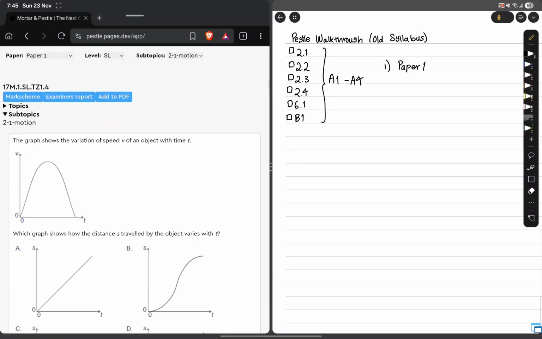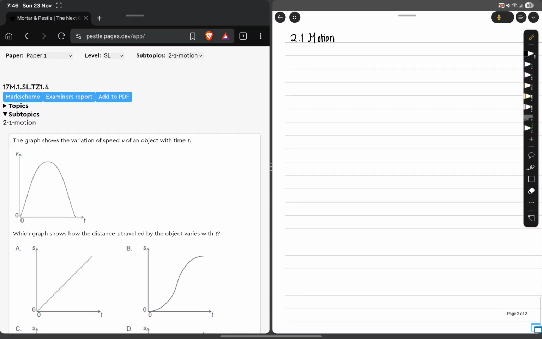So first I'll do the paper 1 SL questions, paper 2, paper 1 HL questions, paper 2 SL questions, then paper 2 HL questions. Having it the systematic way makes it easier. So for SL, then you can skip the HL parts.